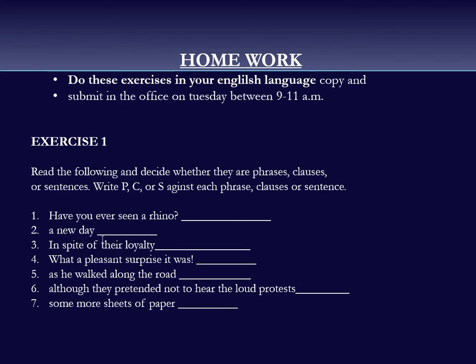Number 2, a new day. Number 3, in spite of their loyalty. Number 4, what a pleasant surprise it was. Number 5, as he walked along the road. Number 6, although they pretended not to hear the loud protests. Number 7, some more sheets of paper.